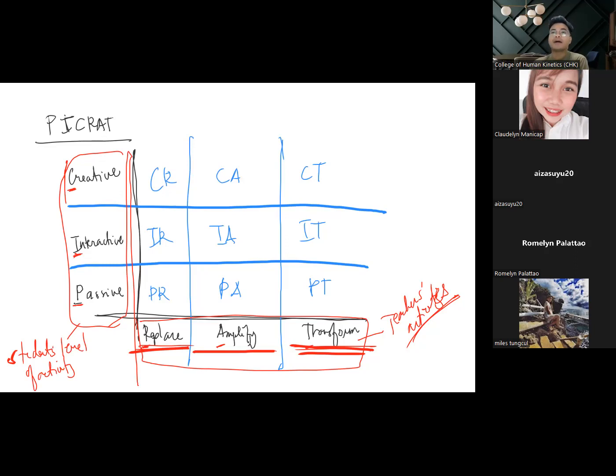Anong ginagawa ng bata? Passive ba siya? Interactive ba siya? Or creative? Passive, sir. Passive, di ba? Oh, ang tanong, ano ang ginawa ng teacher? Replace ba, amplify, or transform? Sa tingin nyo?